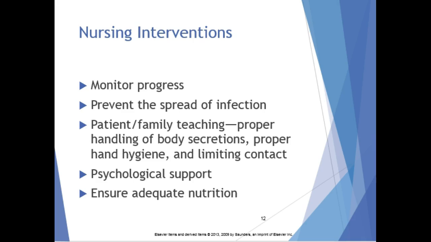Our nursing interventions would be to monitor progress, prevent the spread of infection, teach the family and the patient proper handling of body secretions and proper hand hygiene and limiting of contact, provide psychological support, and again ensure adequate nutrition.